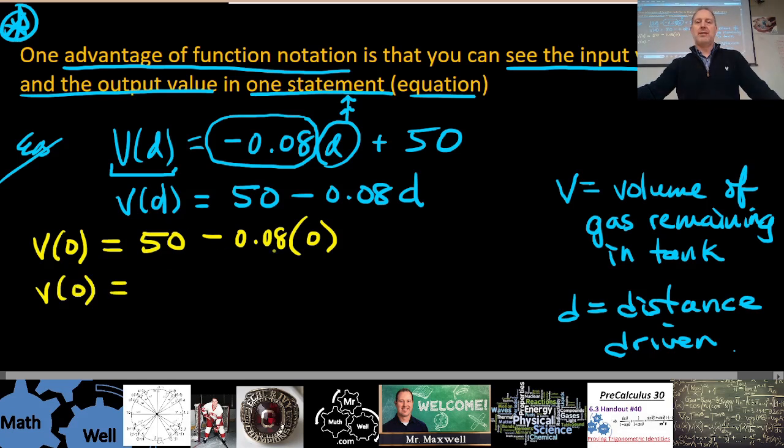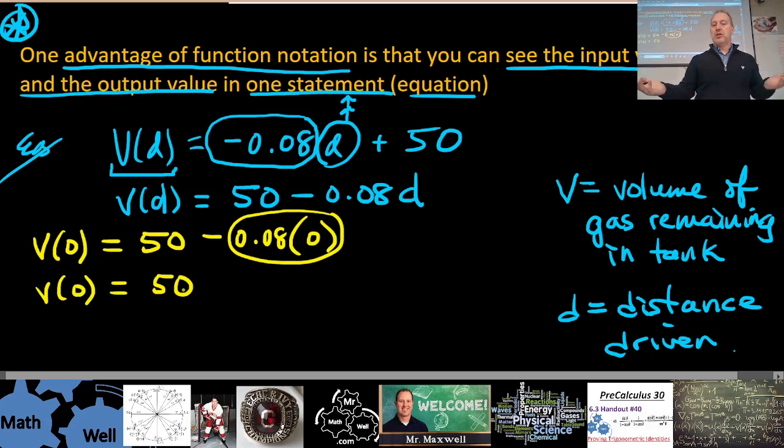But we subtracted 0.08 times 0, which is 0. So this is 50. If I drive 0 kilometers, I have 50 liters in the tank. In this kind of question, 50 liters might represent a full tank. We don't know that, but we do know that at the beginning we start with 50 liters. Does that make sense?